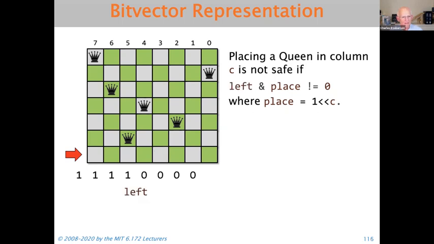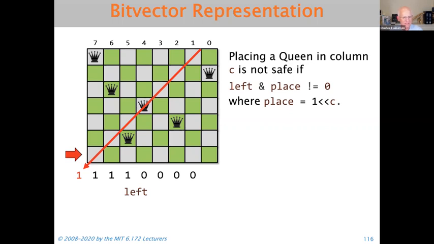The other 2 vectors: one is left, which looks at left diagonals, and the other is right, for right diagonals. Similarly to columns, we're looking at diagonals going across. All these numbers are basically the diagonals, and it says whether or not it's safe to put something there.